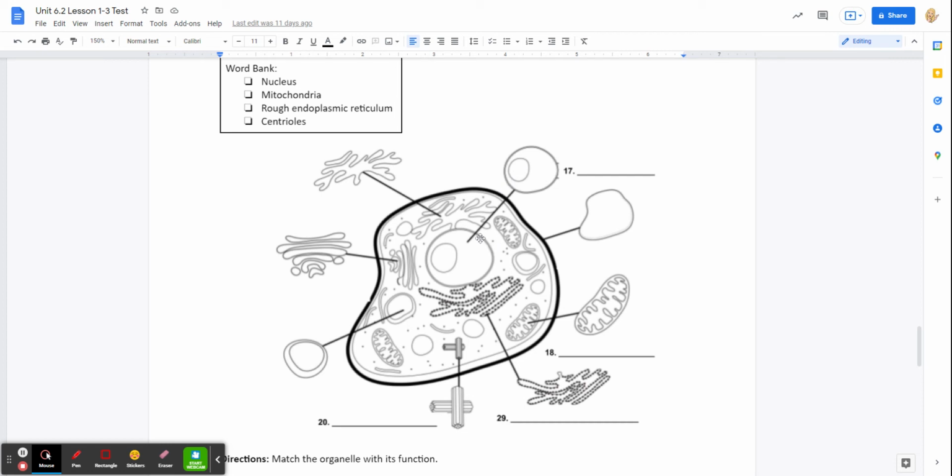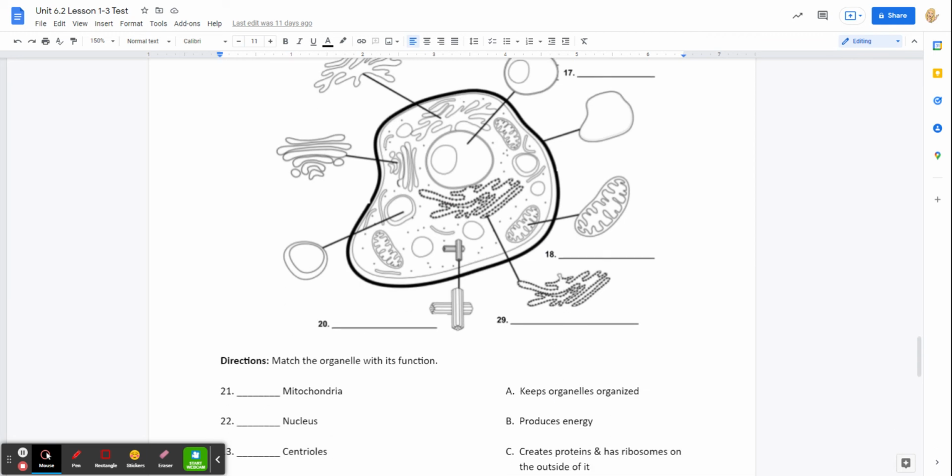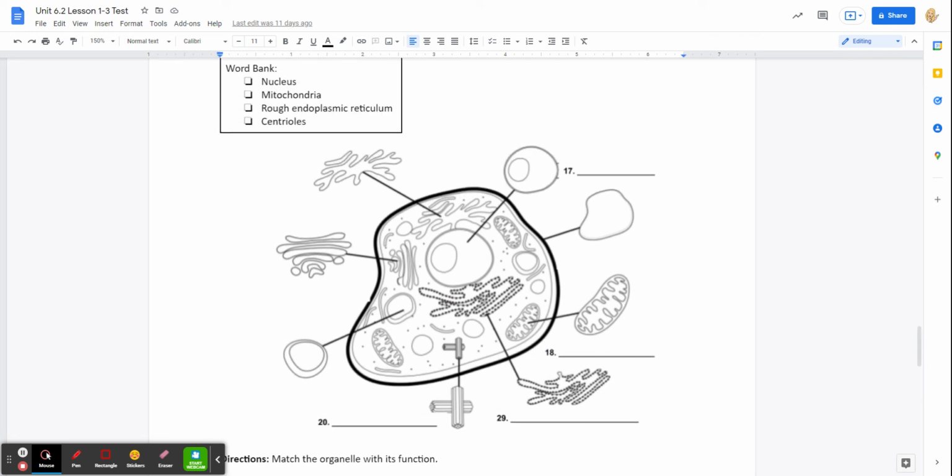17 is pointing towards this big thing in the middle. 18 is pointing towards this guy right here. 19, sorry, is pointing to the thing attached to the nucleus with the dots.